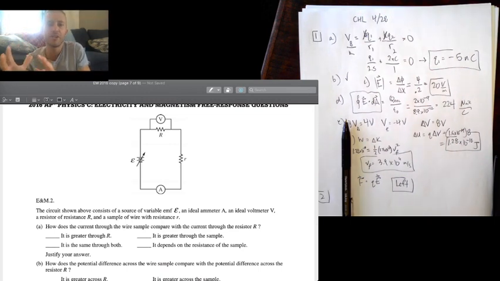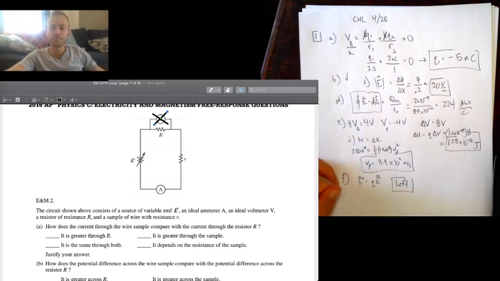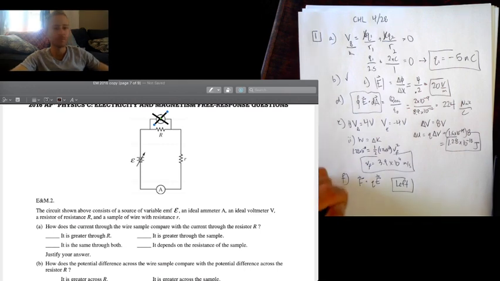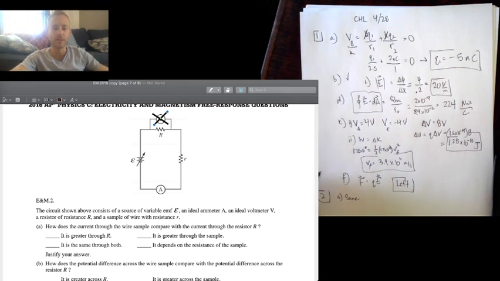They're not changing the behavior of the circuit at all. So we can just ignore the voltmeter, okay? And if we ignore the voltmeter, we see that this is just a series circuit. Since it's a series circuit, it always has the same current, so it's going to be the same through both. Okay, so this will be your answer.